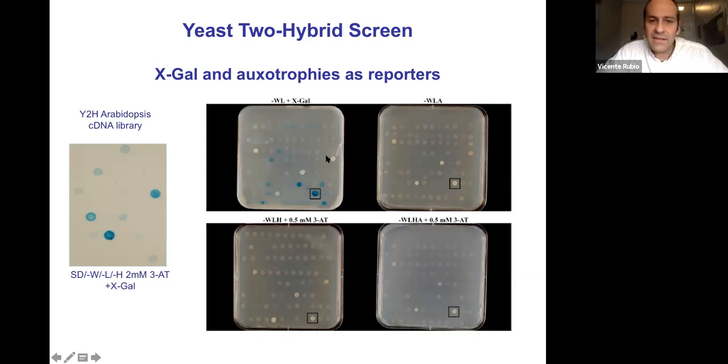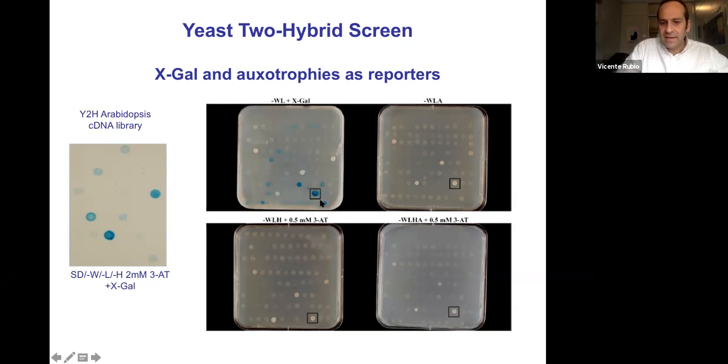And here you see in the other part of the panel, she afterwards organized all those clones and confirmed those interactions by repeating the yeast two-hybrid screen with an organized library.